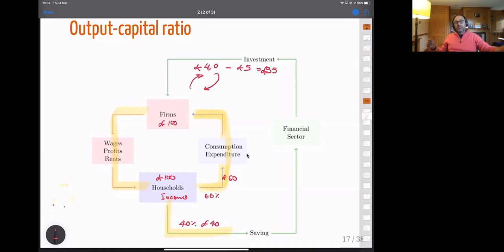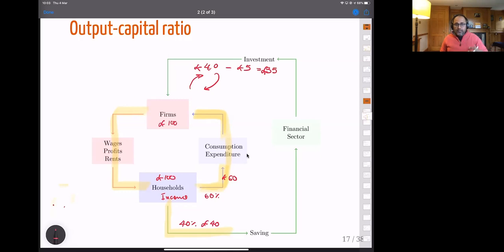And these other firms are getting these capital goods and adding to the capital stock. So in this one period, the economy has added 35 pounds of capital stock to itself, physical capital. So the physical capital stock of the economy has gone up by 35 pounds. This is basically the flow of funds in the economy, okay?